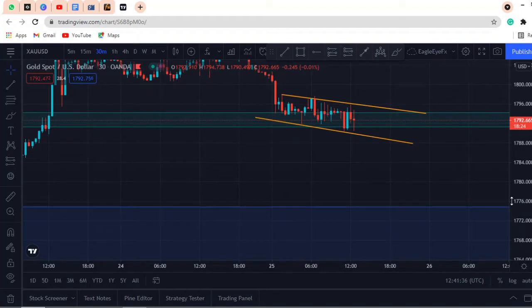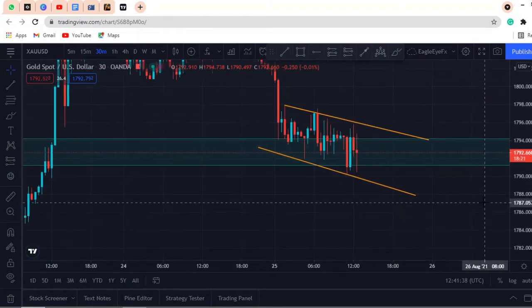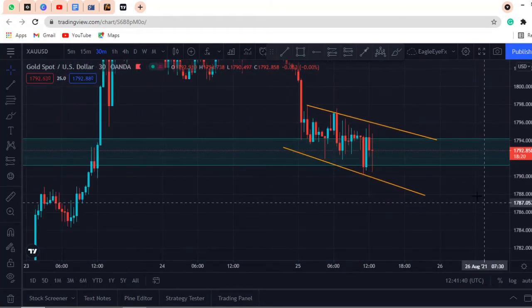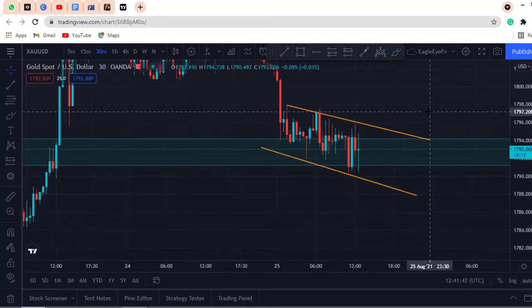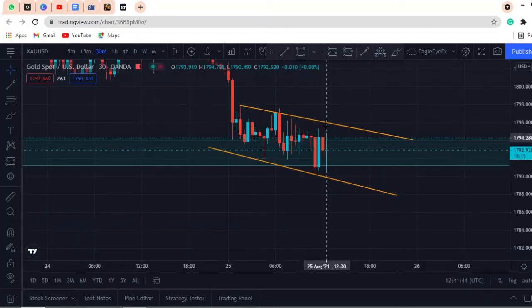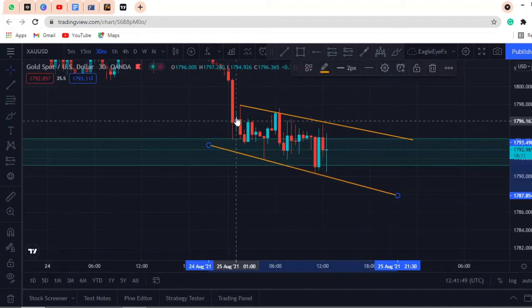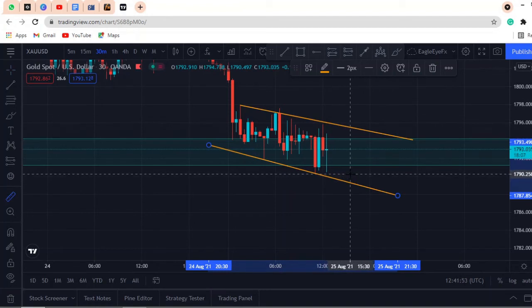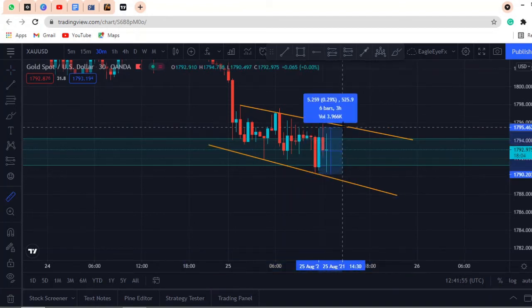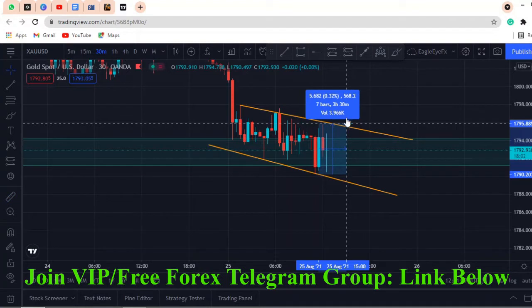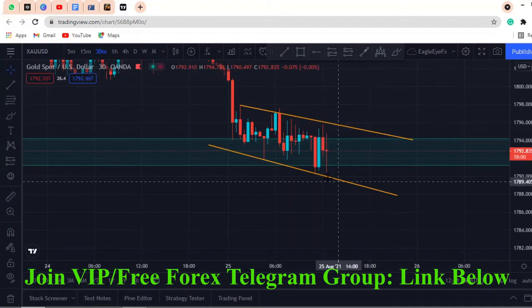On the 30 minutes time frame, you can see there's some level of movement here, and this is a very big move, because from here down to here and up to here, it's a lot of pips.